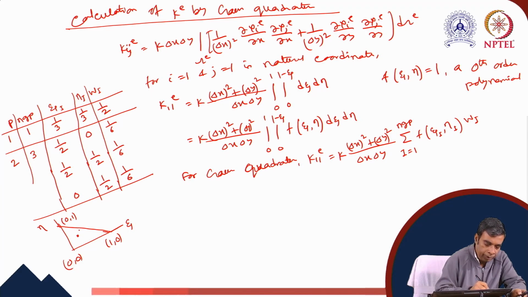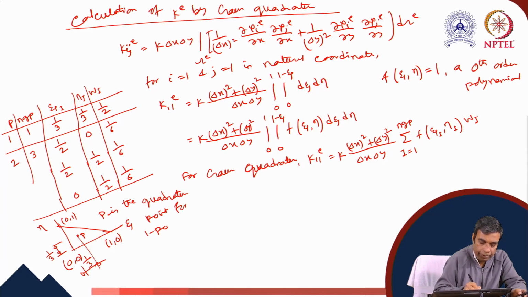So the coordinate of this point is 1/3, 1/3 in both the directions. So P is the quadrature point for 1 point quadrature.